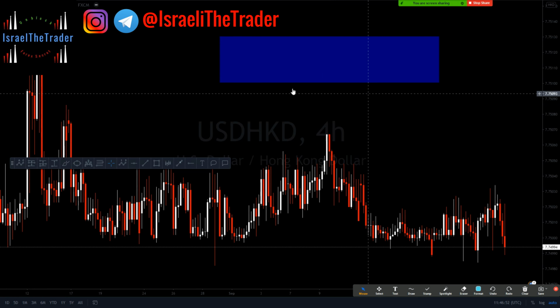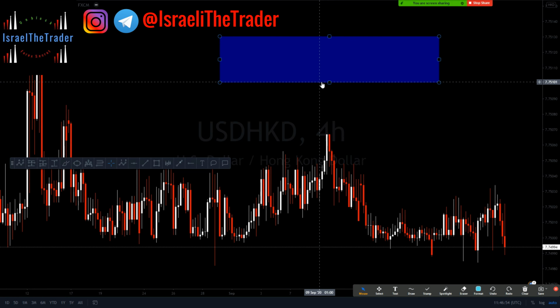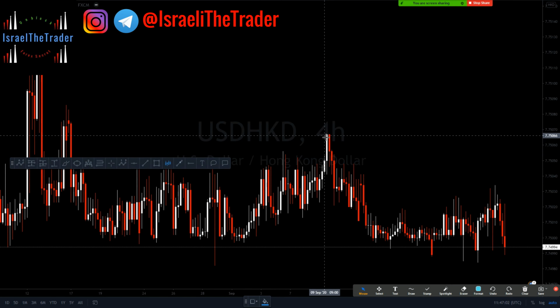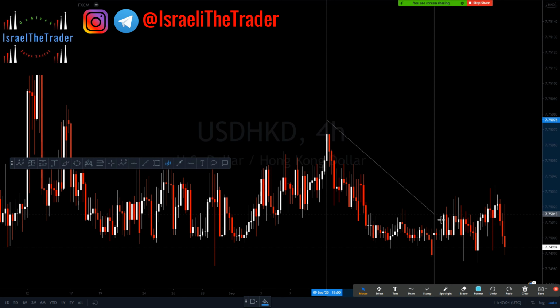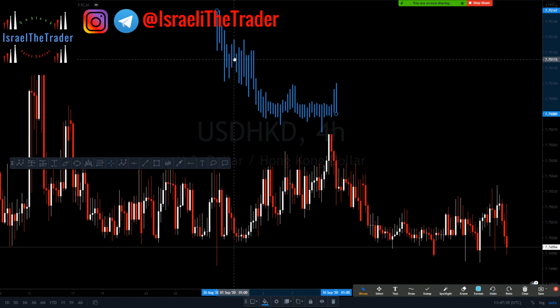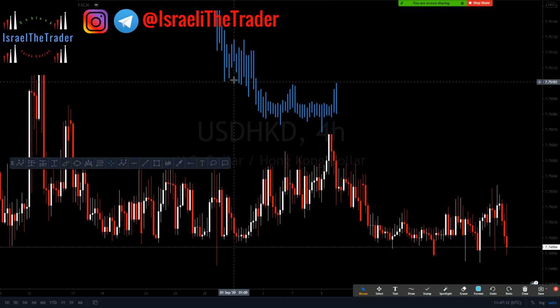So yeah, the next one that we have right here is what I call the bars pattern. With the bars pattern, you can cut out some specific bars in order to know exactly what is happening right here.